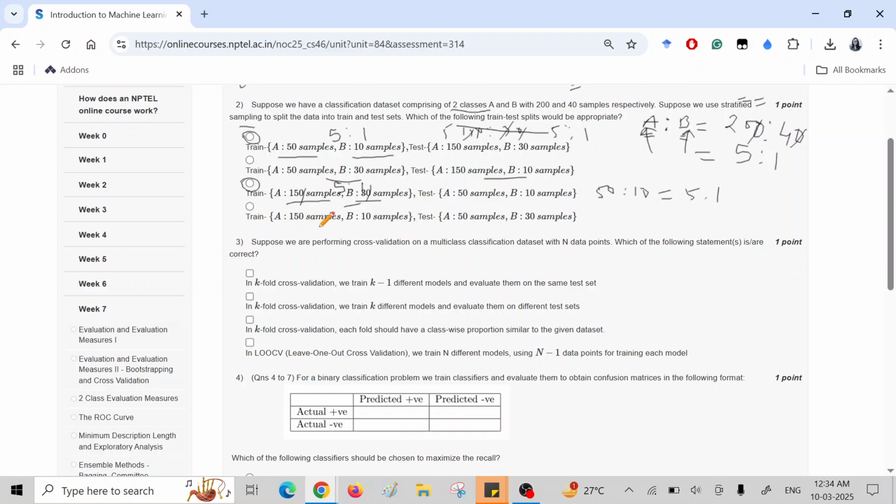Then let us see option D, 150:10. So that means it is 15:1. The ratio is not maintained in the train as well as in the test set.